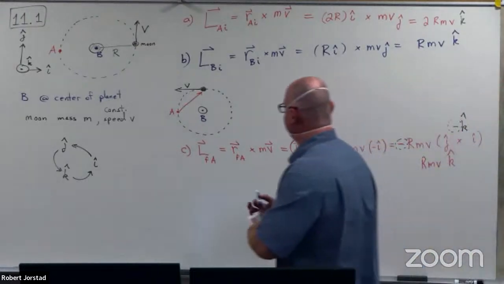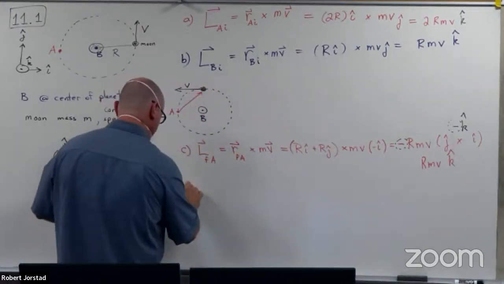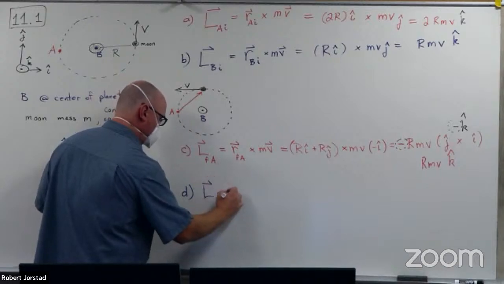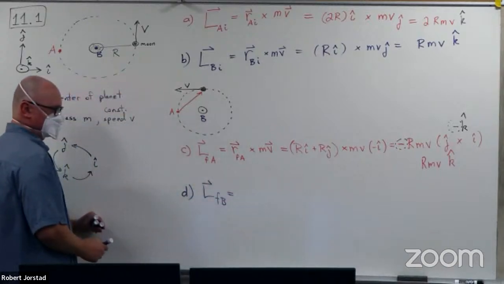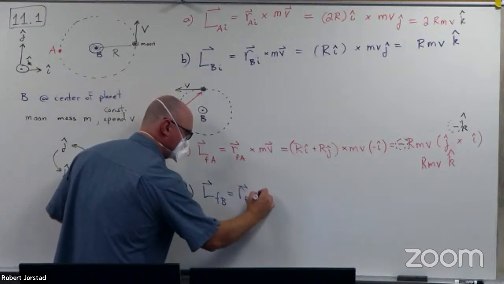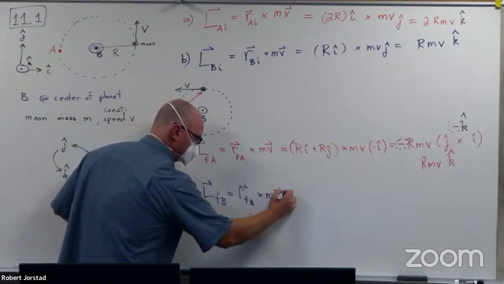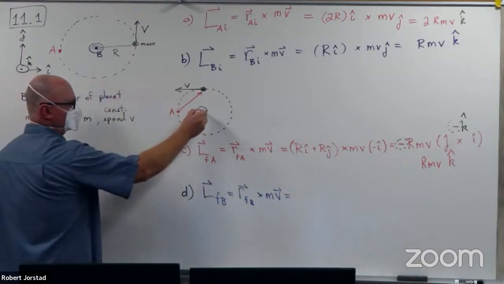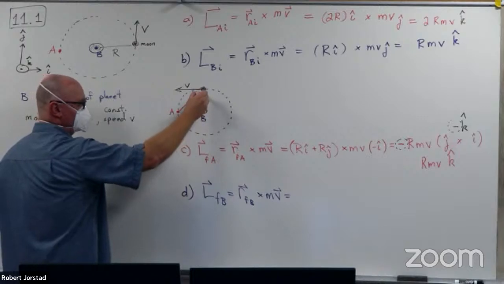Finally, let's do one more. L final state B. It's going to equal R final for B crossed with MV. What's R final for B?